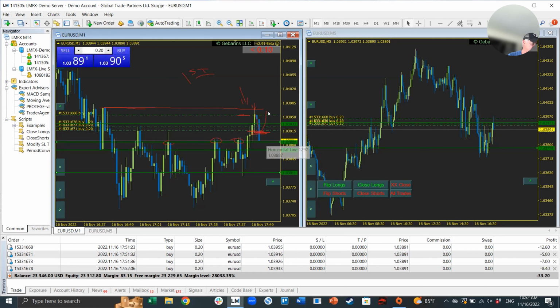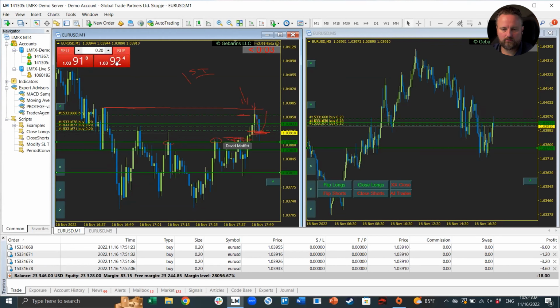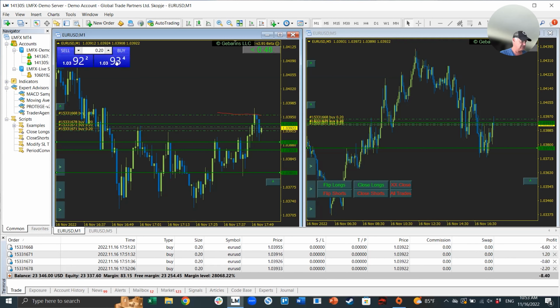So go ahead and I'd say put another buy or two on right here. And now what we're doing is we're looking to see if it wants to cross that. If it stalls here again, well, you know what to do. Close on the buys and then do it again.